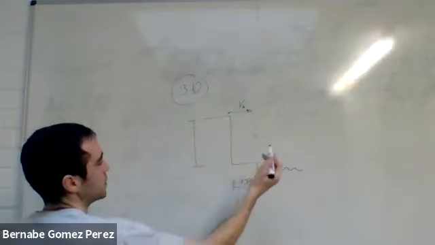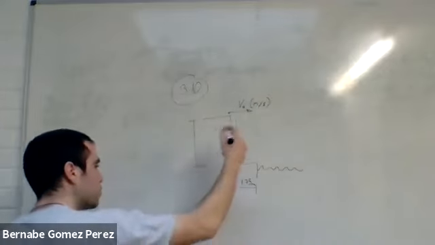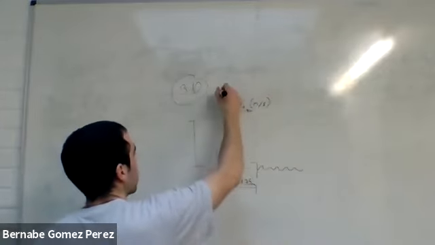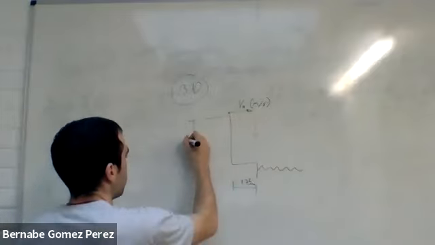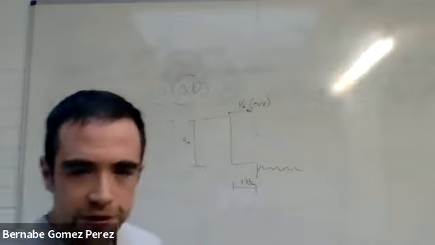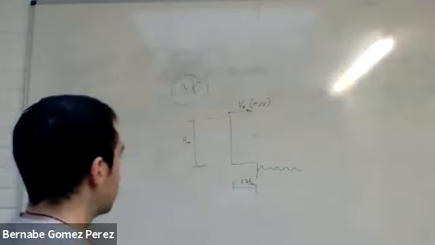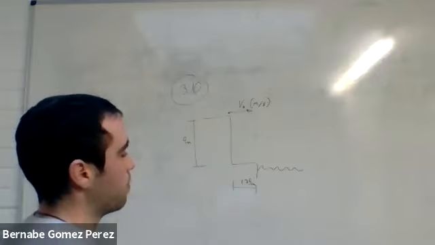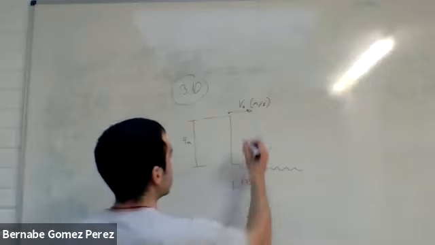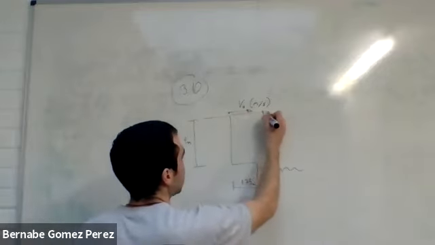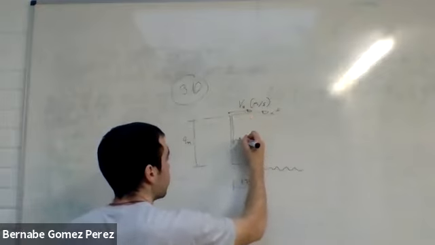With 1.75 and 9, in meters. So if we work with this in meters, we want to work the speed in meters per second, right? We want to be consistent always. We can put the reference frame wherever we want. But in my opinion, the easiest reference frame here would be to say, this is going to be my X positive, and this is going to be my Y positive.